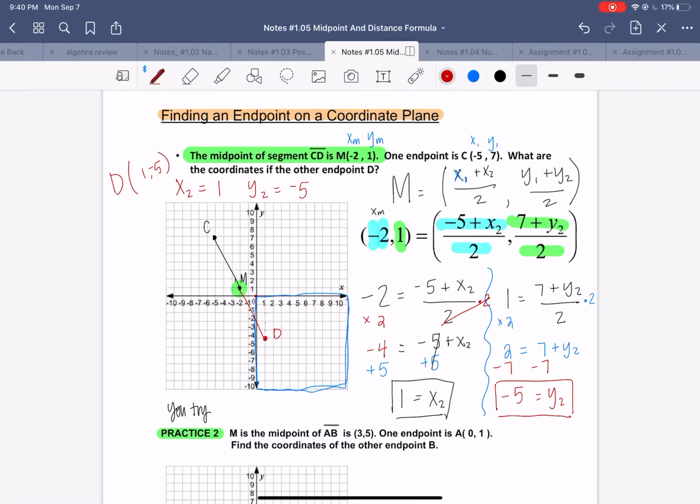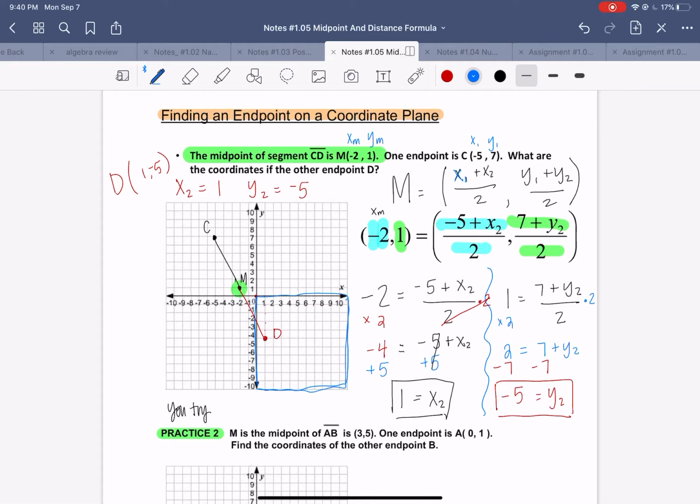Another way you can find this, and you'll probably like this more, and I hope my math was correct with this, is to count the slope. You count the slope from C to M, just like you would on the number line, counting from the endpoint to the midpoint and then repeating it again.